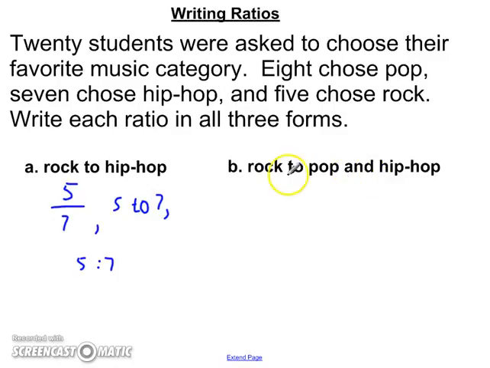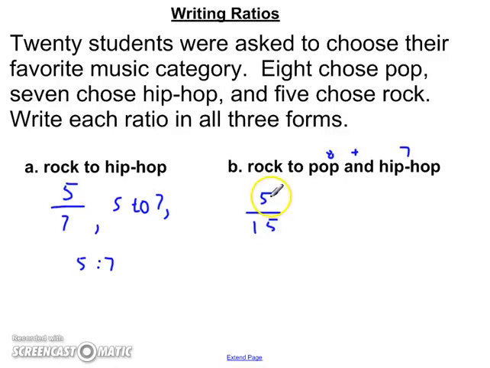Rock to pop and hip-hop. Well, rock, that's easy enough. We've already said it is 5. But when we go, in this case, to pop and hip-hop, we're going to add the pop and the hip-hop together. Now, we already know the hip-hop is 7. Pop, in this case, is 8. So we're putting those together. 8 plus 7 is 15.